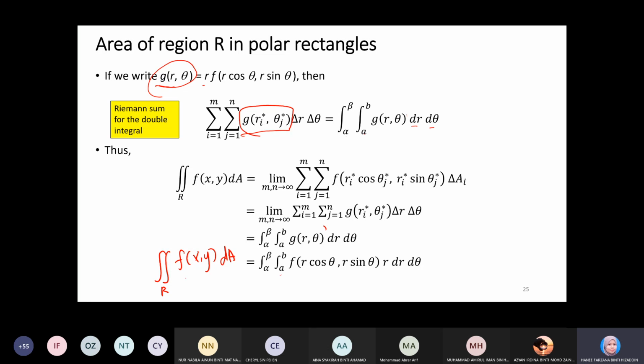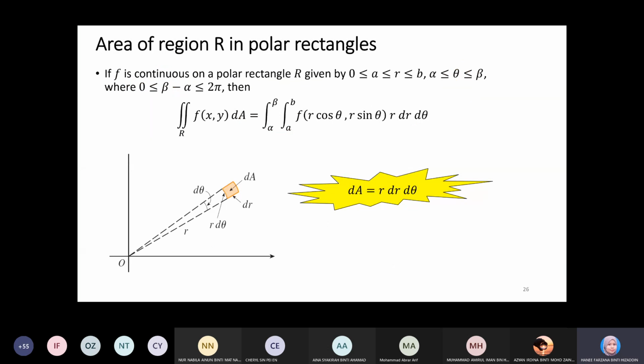Because now everything is in terms of r and theta. But don't forget about the dA. Previously dA is equal to dx dy or dy dx, but when you put it in terms of polar rectangles, dA is equal to r dr d theta, not just dr d theta.